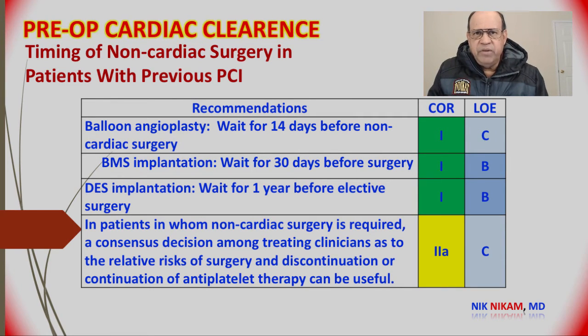However, if the patient has to have the surgery, it may be reasonable after 6 months to hold the antiplatelet agents for a short duration just before the surgery and resume the medications as soon as it is feasible, with the understanding that there is a risk of thrombosis leading to myocardial infarction, which has to be judged against the risk of not doing the surgery in a reasonable period.